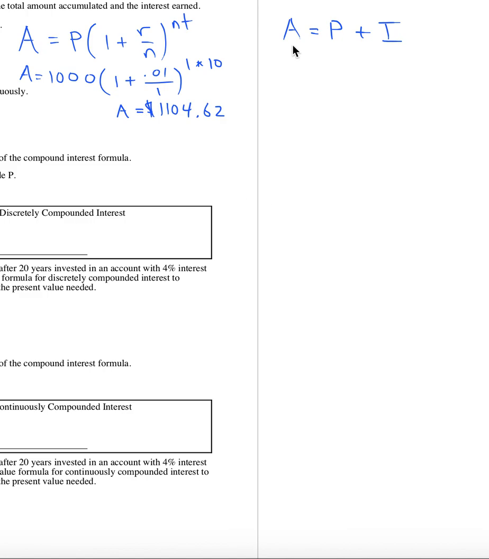Now we know the accumulated amount is 1104.62 after 10 years. And we know the principal that was originally invested was $1,000. If we rearrange the equation, we get I equals A minus P.